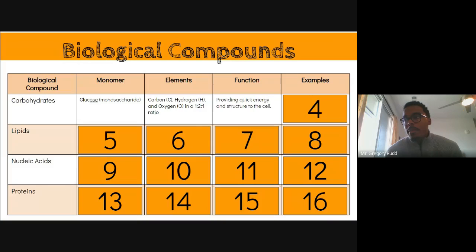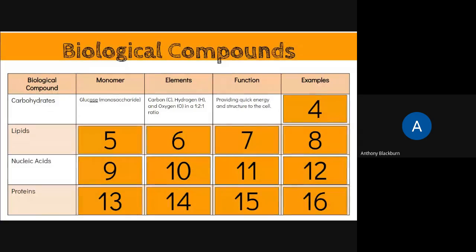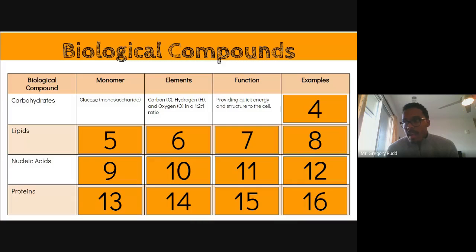And what would be an example of a carbohydrate? What's an example of a carbohydrate? Carbs and food. Okay, yeah, that's what carbs are. Carbs are carbohydrates. Glucose is an example. We've got that as the monomer. What else can we think of? What is another example of a carbohydrate?